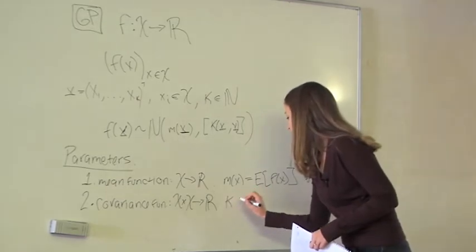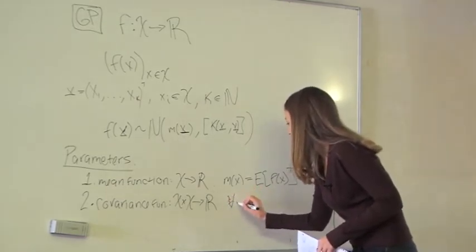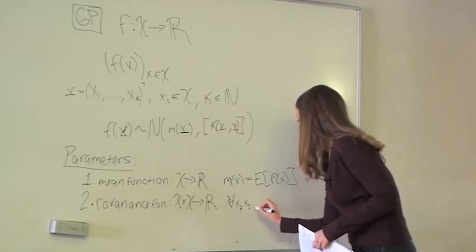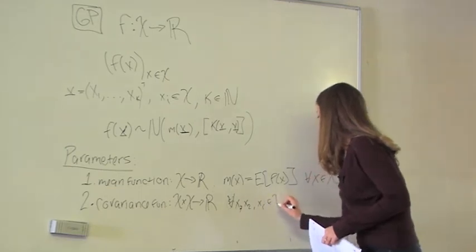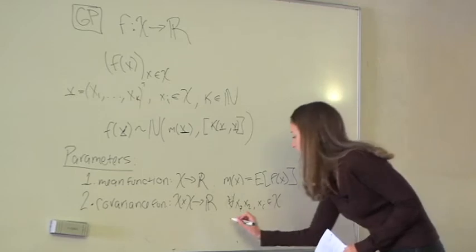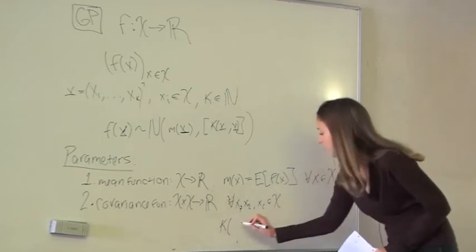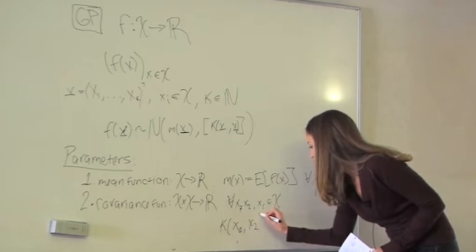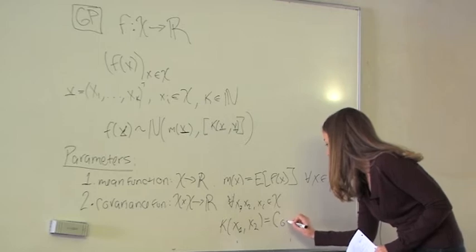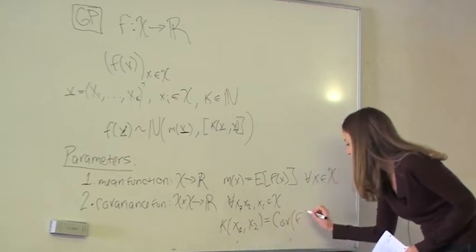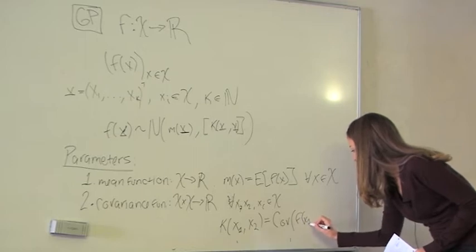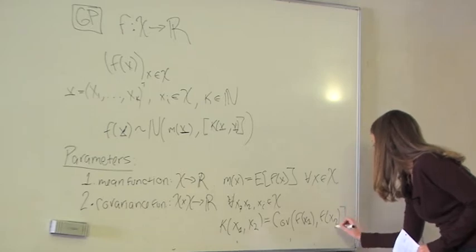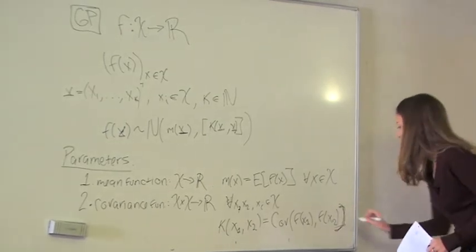If we take any two inputs, x1 and x2, for xi in our input space x, then the covariance function is just equal to the covariance between the function at x1 and the function at x2.